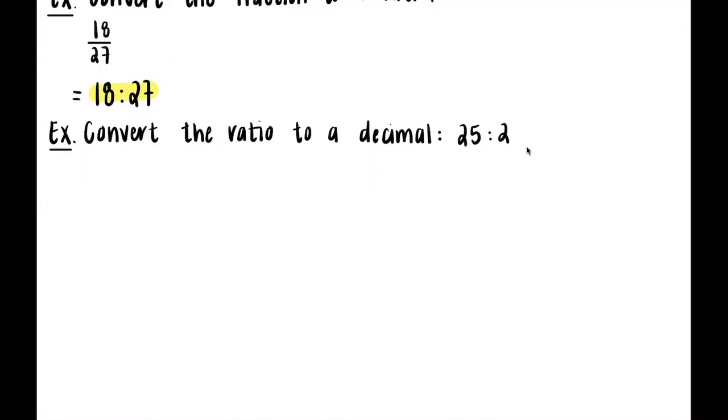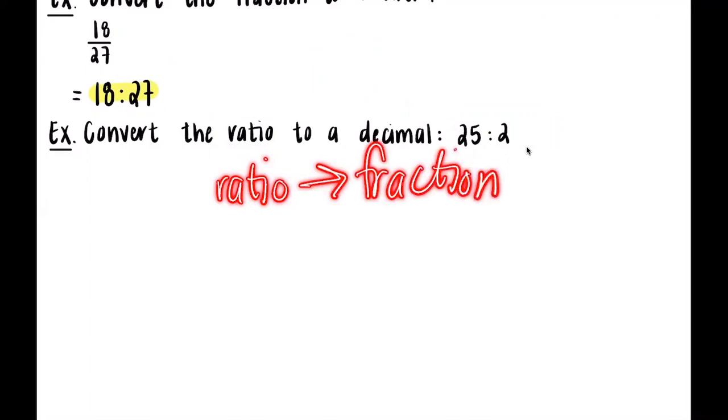In this case, if I want to go from a ratio to a decimal, I can't just go straight through. I don't know yet what this is as a decimal, but what can I do? Let me write it out: a ratio to a fraction, because we know ratios and fractions mean the same thing.